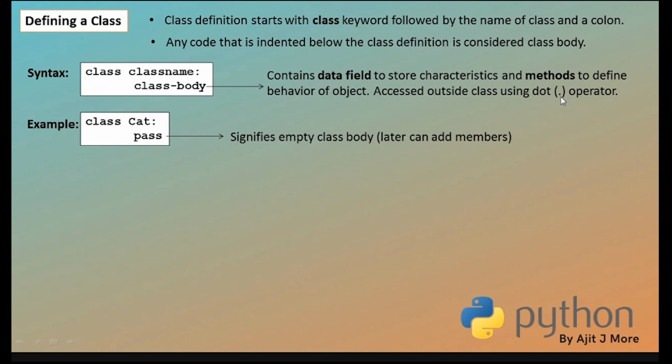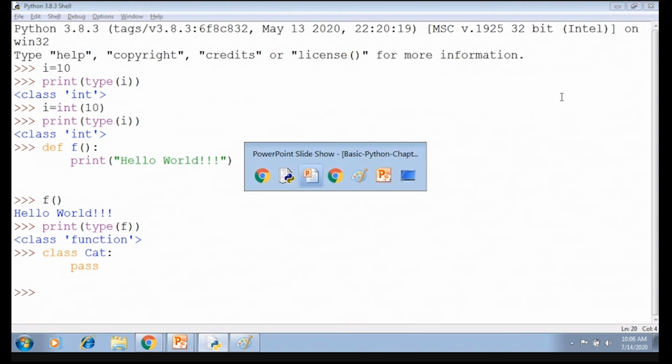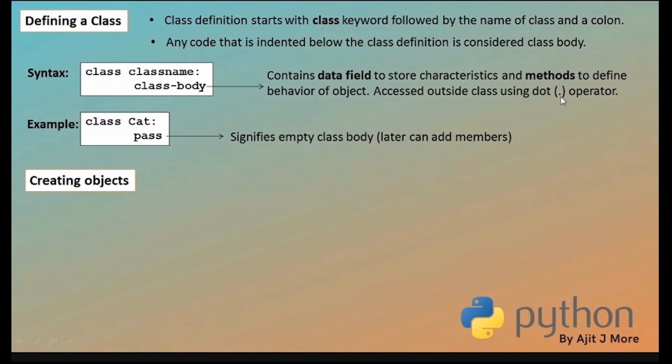I'm going to show everything practically also. So don't worry. I hope it is clear to you. So the concept of creating a class is clear. See, for you people, I'll create a class and I'll just put pass. Class is created. At this moment it is an empty class. Then next, you'll ask how to add members in it. I'm coming to it. Everything I have organized and kept. Don't worry.